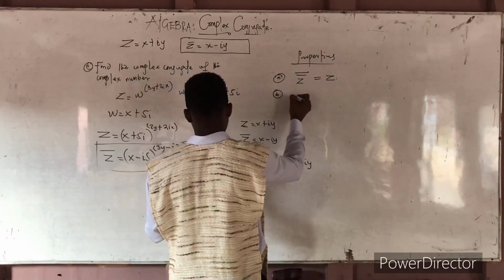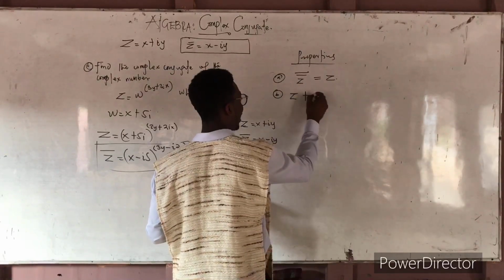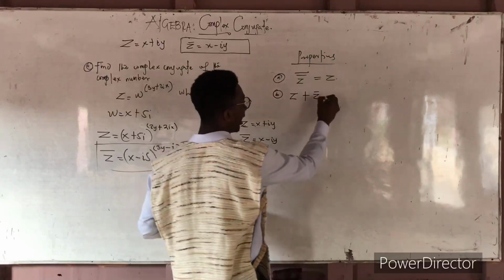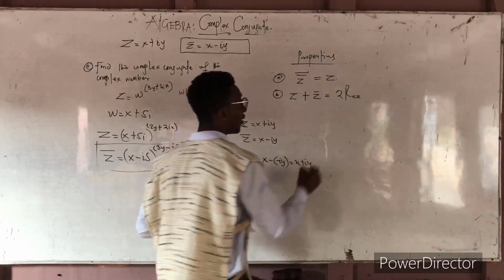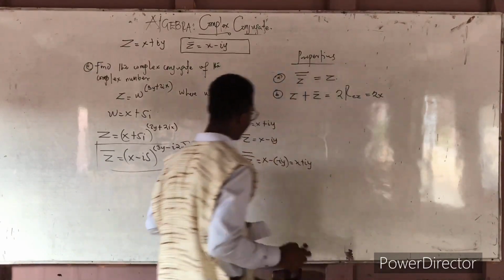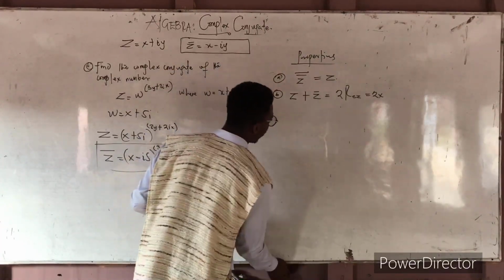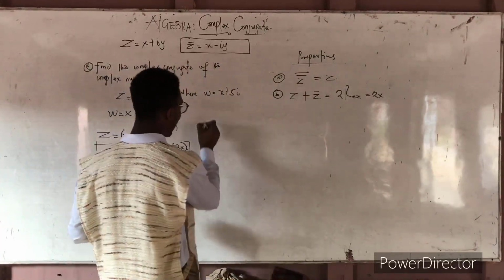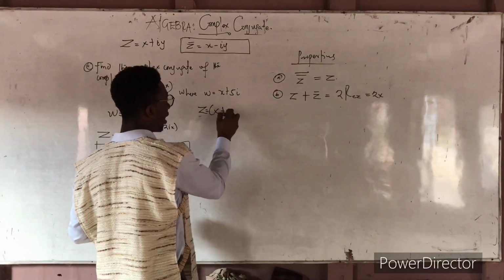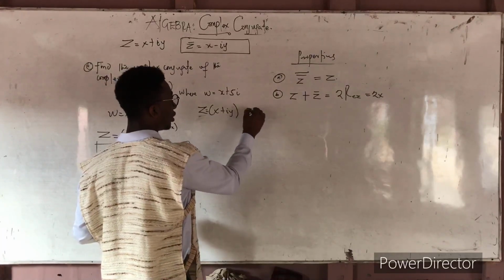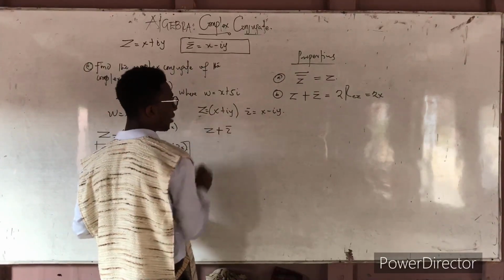Two. If you have a complex number plus its complex conjugate, then it's the same as 2 times the real part of the complex number, which is 2x. So that is to say, if I have a complex number z equal to x plus iy, my complex conjugate is simply x minus iy. So I want to add z plus my complex conjugate.